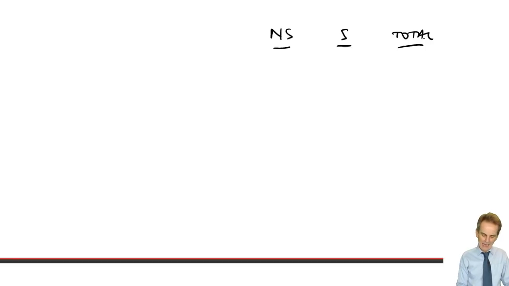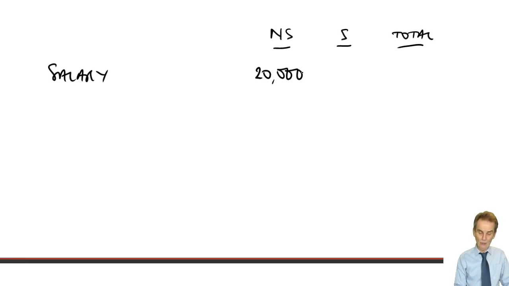Now then, if we had a salary figure, what type of income is salary? Where would it go? Salary, of course, is non-savings. Let's assume that's £20,000. Anything that goes in an analysis column, if we need to show a total column, goes in the total column as well.